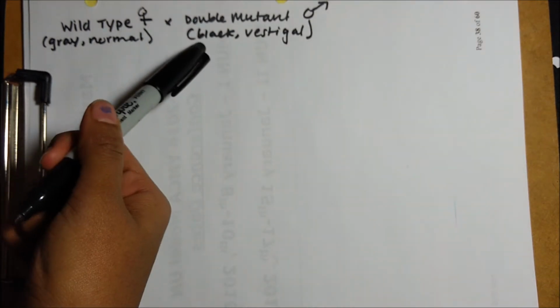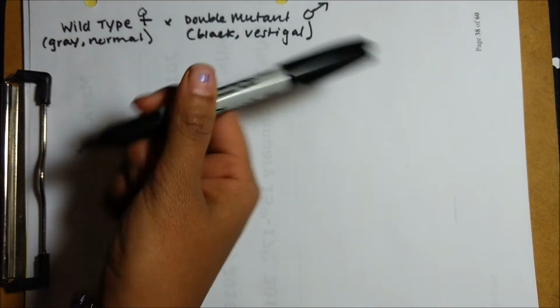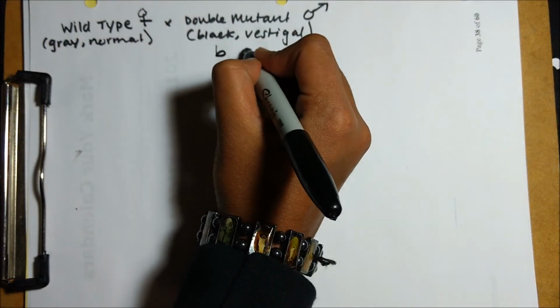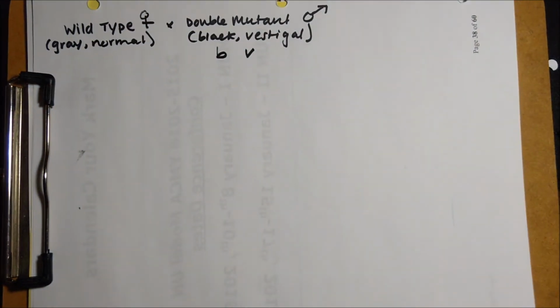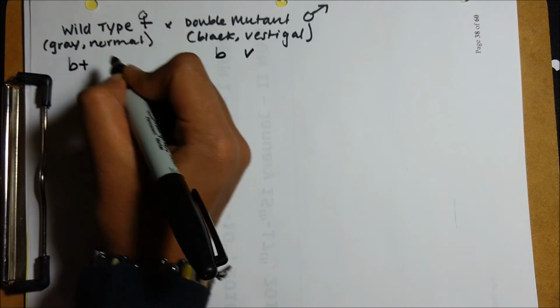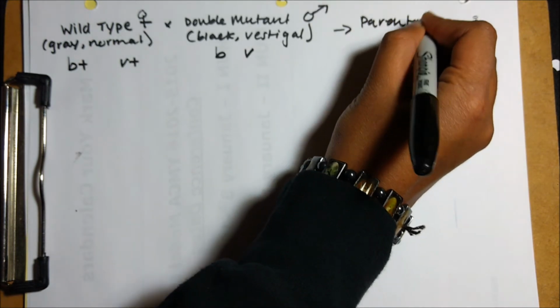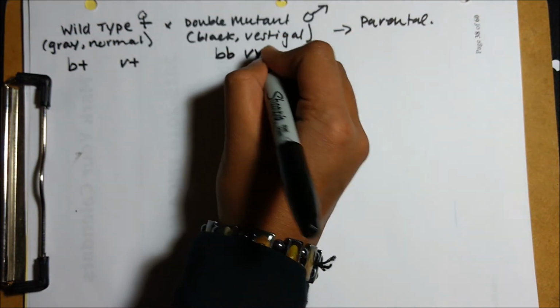Now the way that wild types and mutants are labeled is you take the letter for the mutant and you keep them the same. But then for wild type, you use those same letters, but then add a plus.